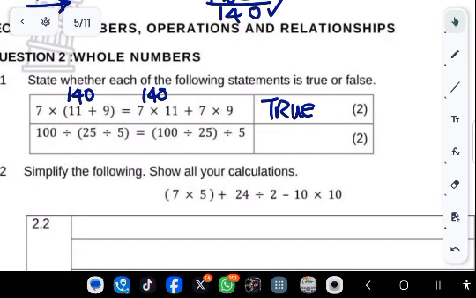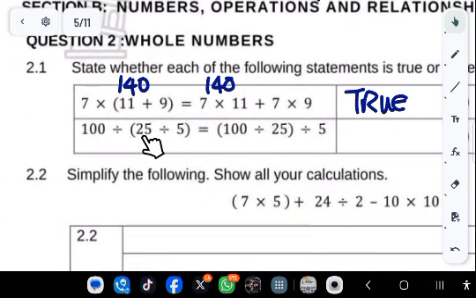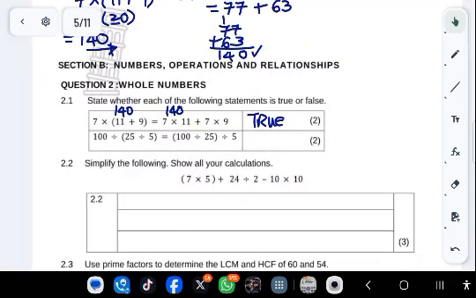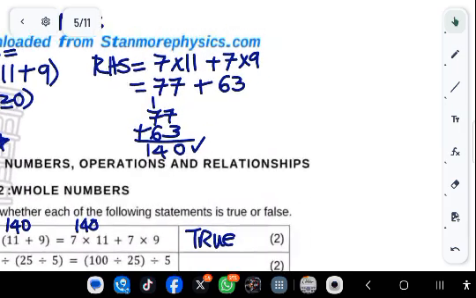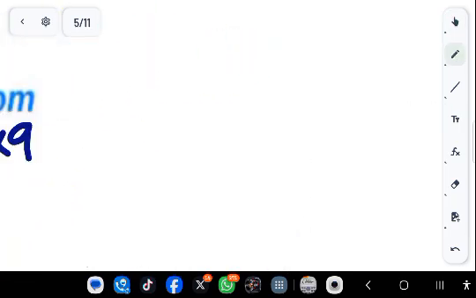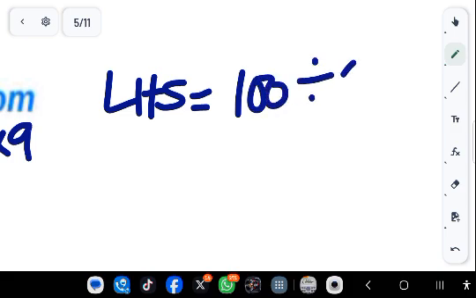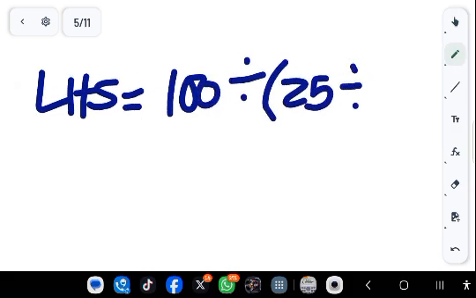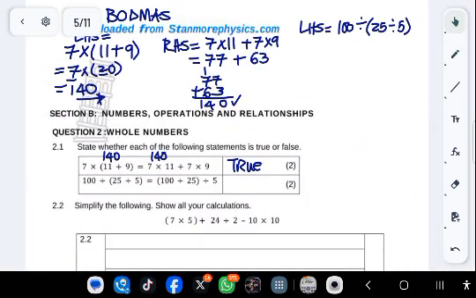Now let's work out the second one. 100 divided by 25 in brackets divided by 5. So the left hand side will be 100 divided by, in brackets, 25 divided by 5. According to the rules of BODMAS, we must start with what's inside the bracket.